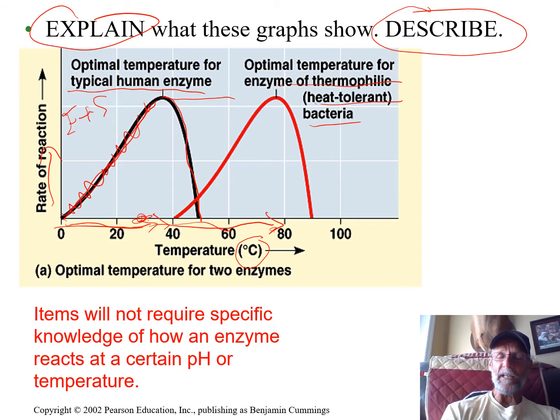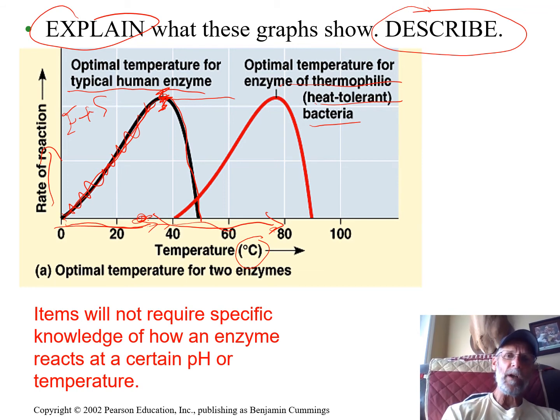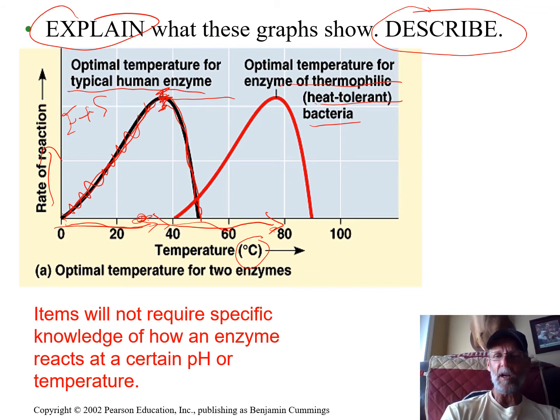As the temperature increases, there's still more collisions happening. But there's so many collisions and they're happening so hard that the enzyme starts to break up, denature. And when the substrate bumps into an enzyme whose active site is now the wrong shape, then that incredible amount of help that enzymes gave to the reaction is not happening, and the speed of reactions falls off the table, so to speak.